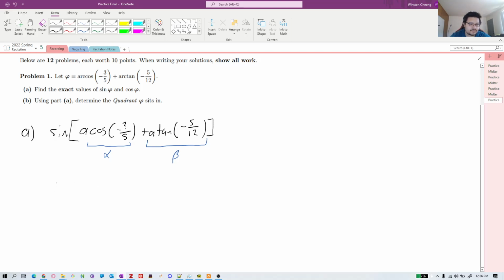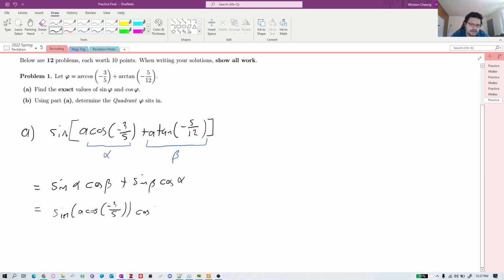Okay, so I'm just going to write it and then replace back what alpha and beta are. Sine beta cosine alpha. Okay, now we replace back and we see what happens. Sine of alpha, now alpha is arc cosine, inverse cosine of -3/5.